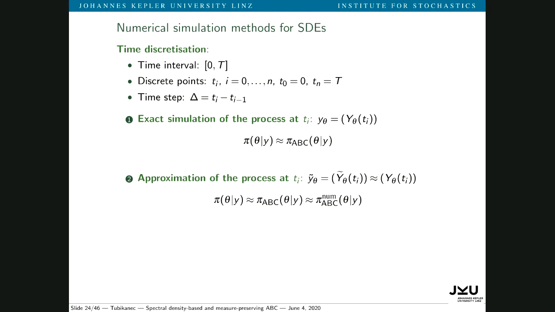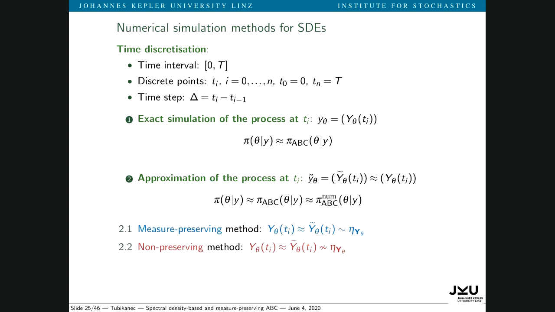Or in other words, there exist measure preserving numerical methods which give you the correct behavior of the model, and there are non-preserving ones which may lead to the wrong structure or the wrong behavior of the model.